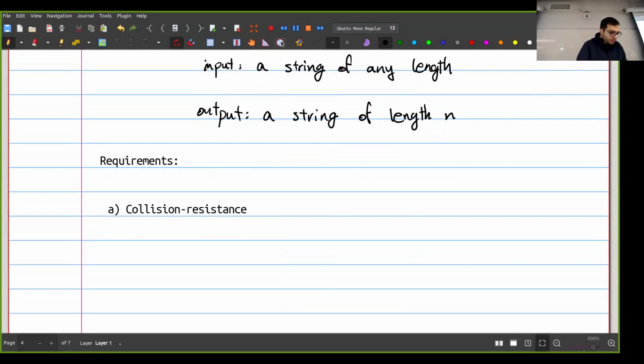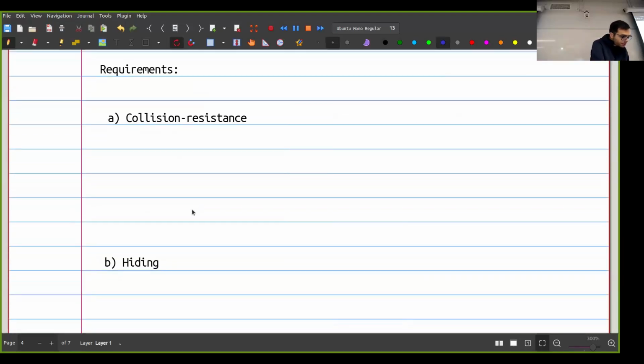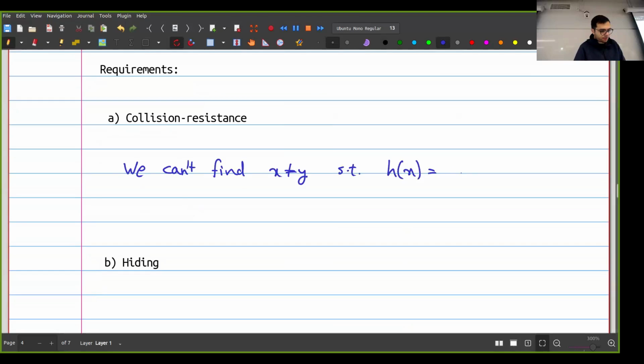So, this definition is that we cannot find two different values, let's say x and y, that are not the same, such that the hash of x is equal to the hash of y.